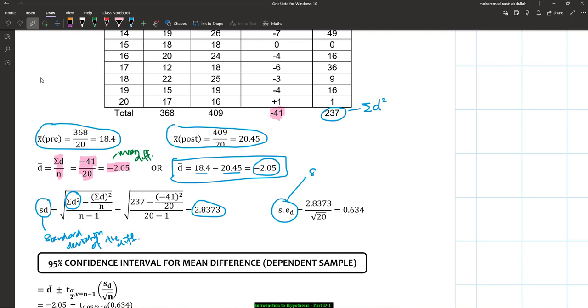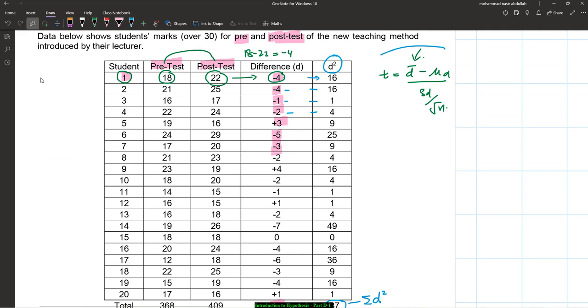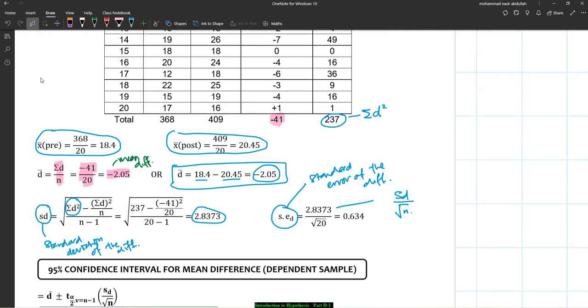Right, then from the standard deviation of the difference, we need to find the standard error of the difference. So the standard error of the difference is the standard deviation of the difference divided by square root of n. So this is the same requirement for the t distribution, right?